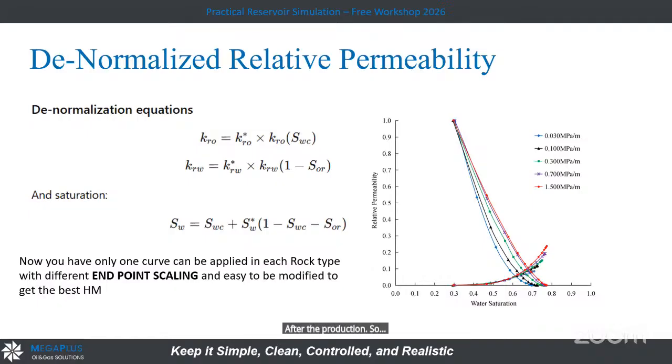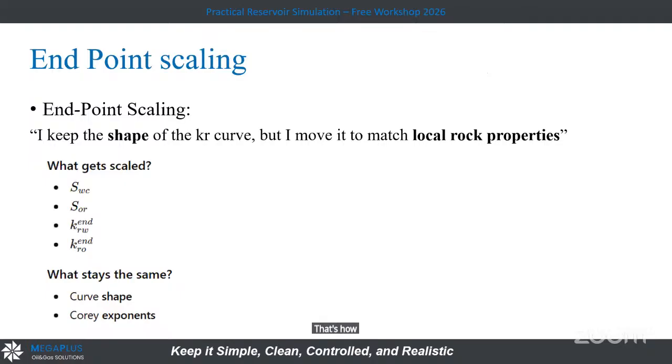So I will insert these endpoint scales in each rock type and put only the normalized relative permeability curve, and the model will denormalize in each rock type depending on the EPS, or endpoint scale, that I inserted. That's how the relative permeability curves and endpoint scale work.